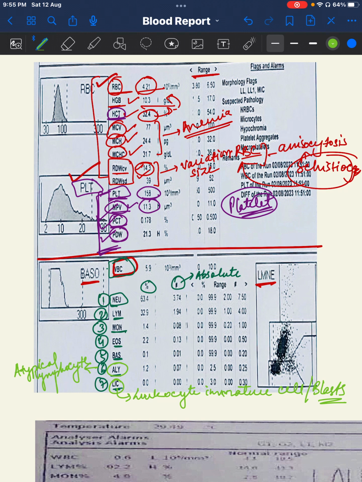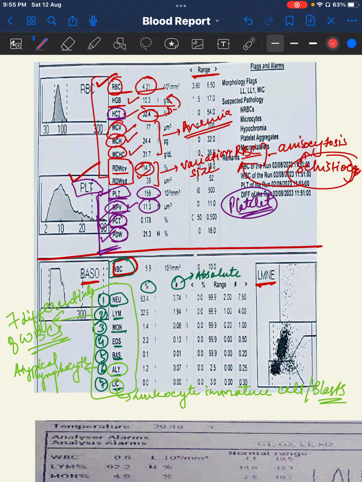So now it becomes a machine which is telling you about 7 differentials of WBCs, right? Okay, just keep this in mind. So in this report, we have talked about 7 differentials of WBCs.